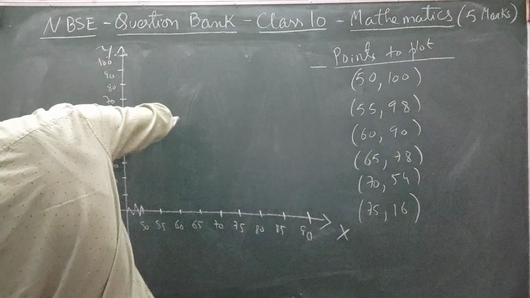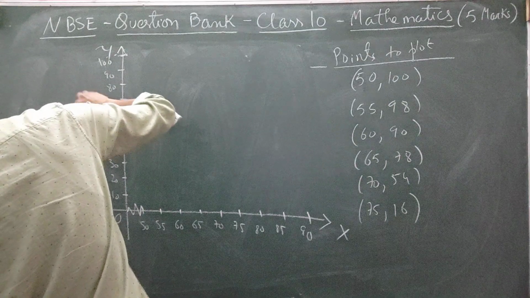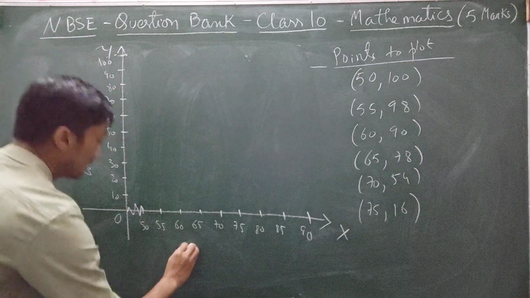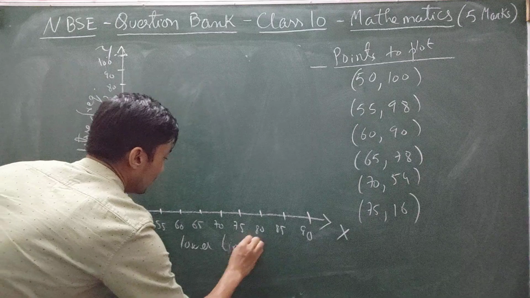So this is the cumulative frequency. This is the lower limit.